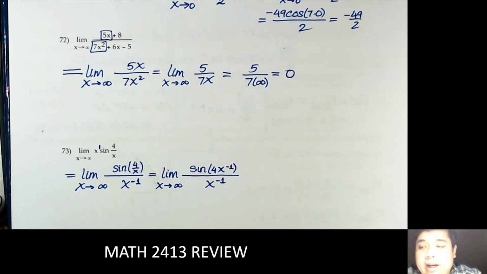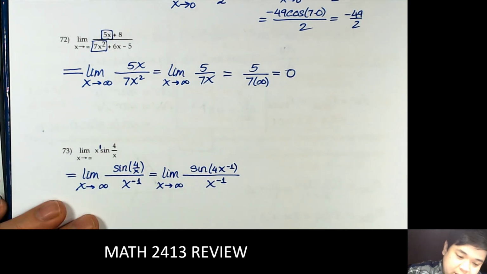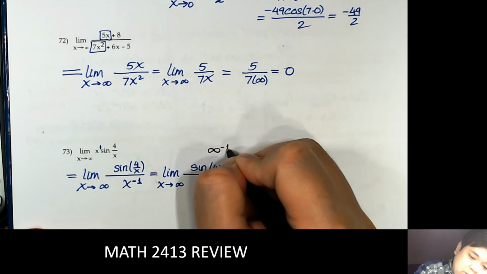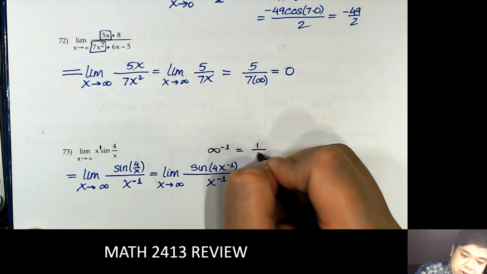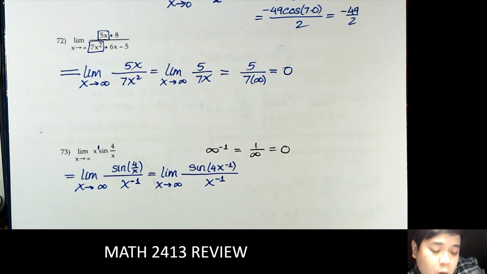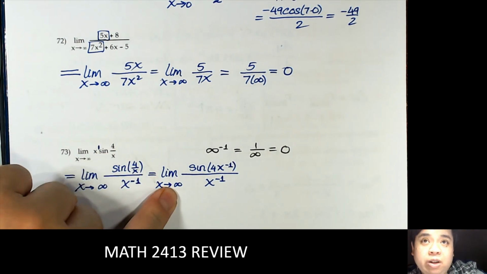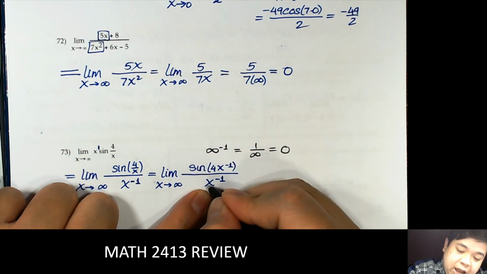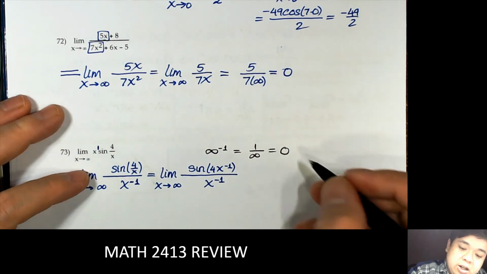Right. Now it's a bit more complicated when we evaluate. So first we put infinity in it. By the way, infinity to the negative 1 power is like 1 over infinity, which is 0. So as x goes to infinity, x to the negative 1 goes to 0.